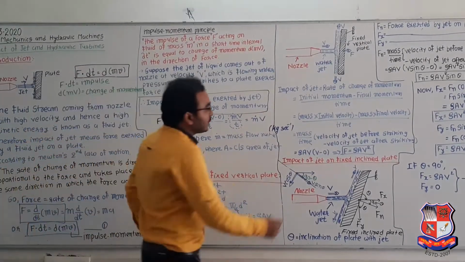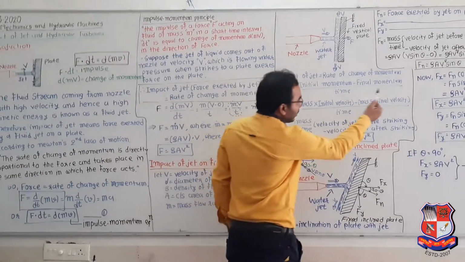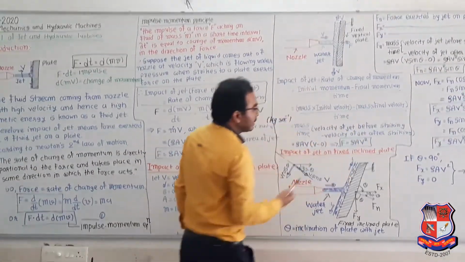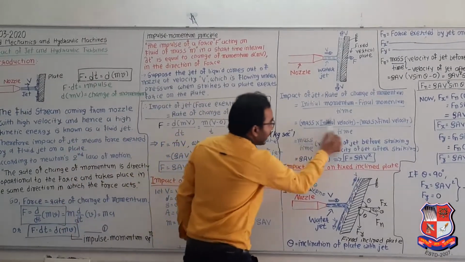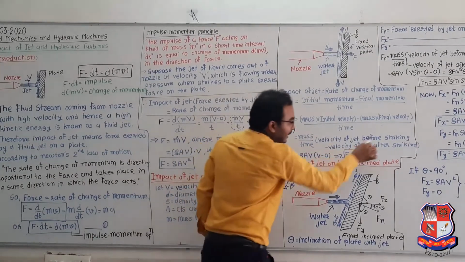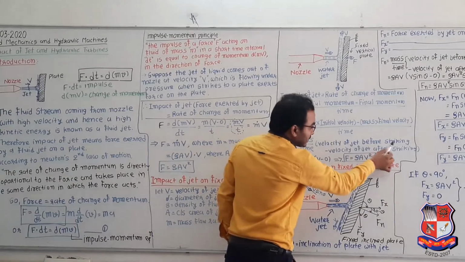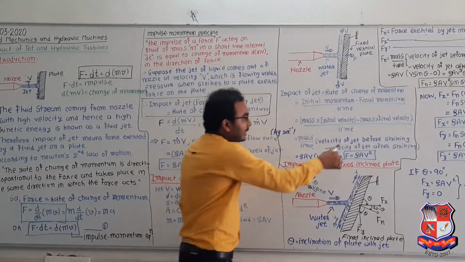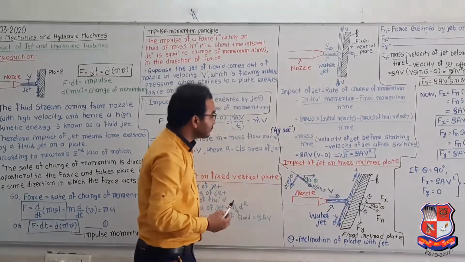So initial momentum will be mass into initial velocity minus final momentum will be mass into final velocity divided by time. So we can take mass common out of both the terms. So mass upon time will be there and the remaining part will be here. Initial velocity is written as velocity of jet before striking minus final velocity is velocity of jet after striking.